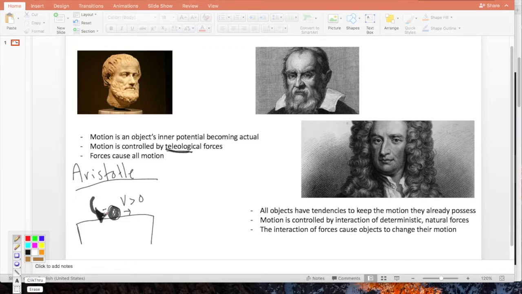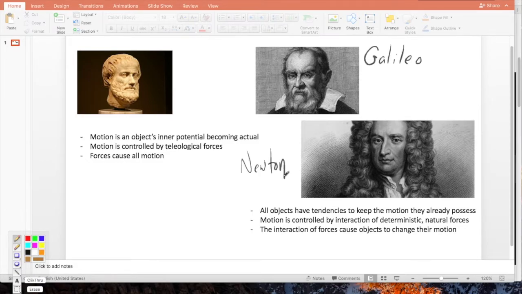That there must be some push to keep it going. Forces have to cause all motion. That makes some common sense. But, as we're going to see, that is not the case. Just because an object has velocity, just because an object has motion, does not mean that there's some mysterious force pushing it or pulling it.